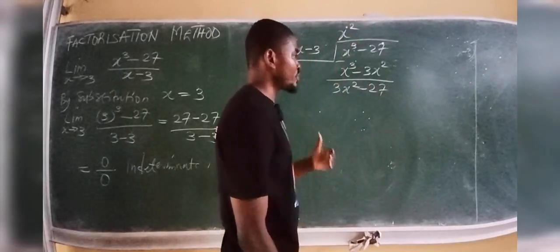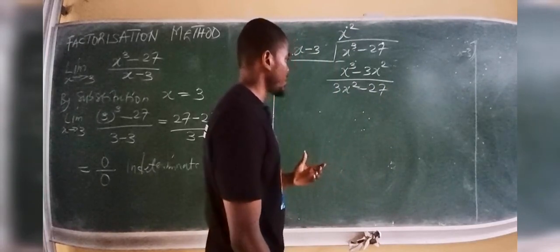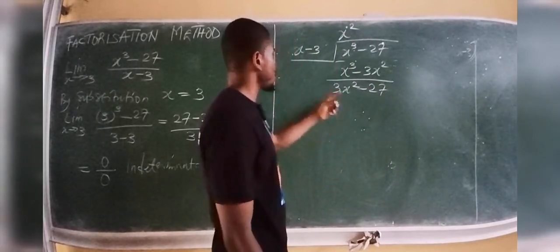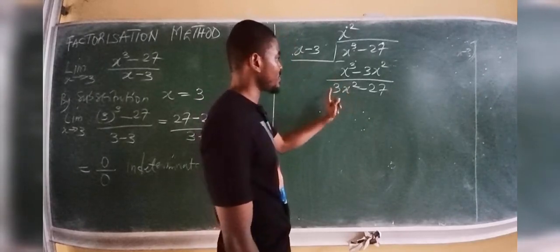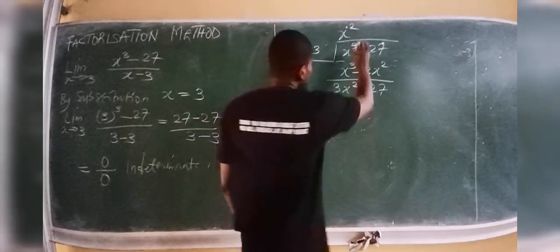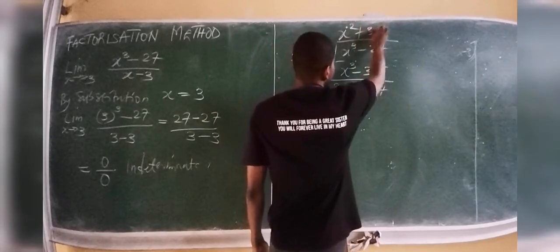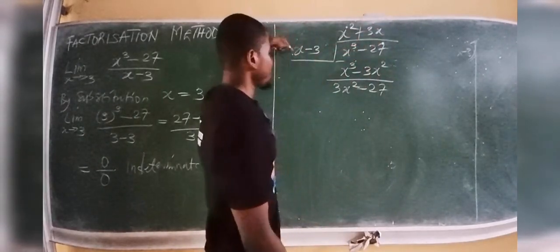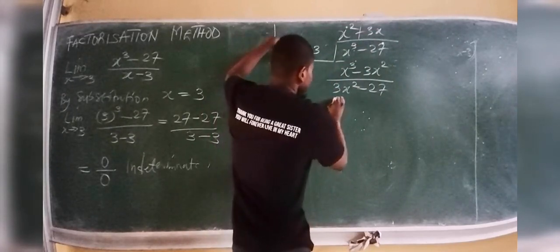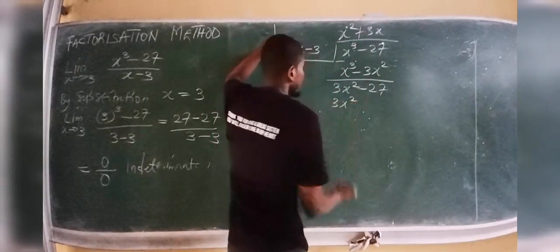So we have to continue doing this till we obtain 0 as the remainder. Now 3x squared goes into x. One of these x cancels one of these x, so I'm left with 3x. Put it down, plus 3x. Now you fall back again, plus 3x multiplied by x gives me 3x squared.